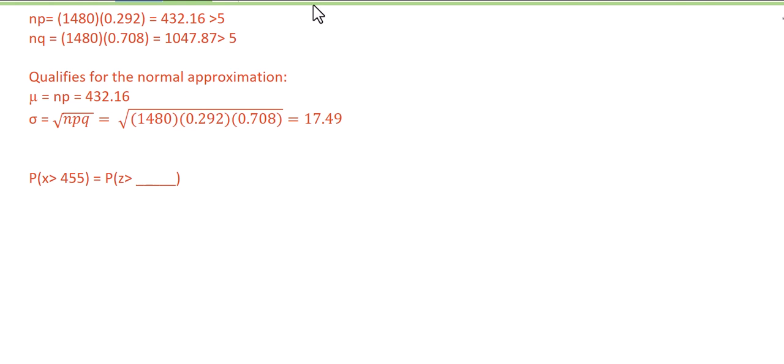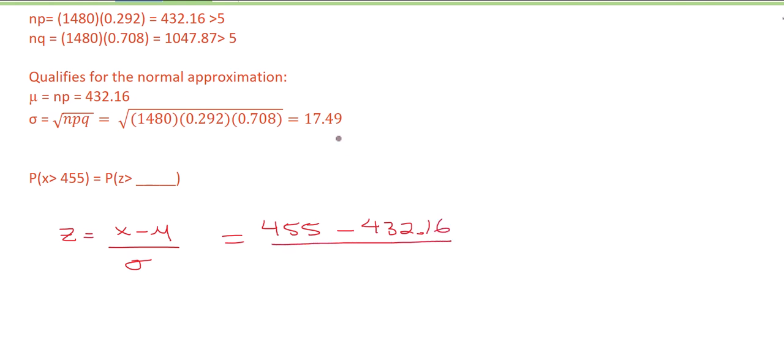So our formula for z-score is that z is equal to x minus mu divided by the standard deviation. So in our case, our x is 455, so 455 minus the mean. We just found the mean to be 432.16, divided by the standard deviation, which we found to be 17.49.